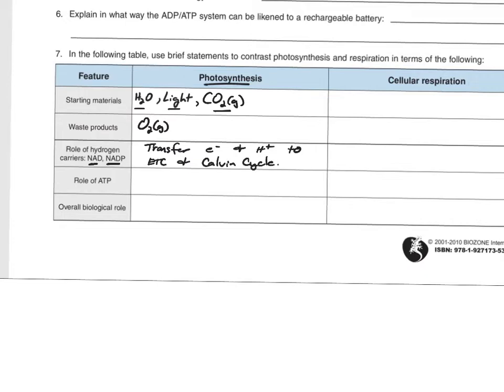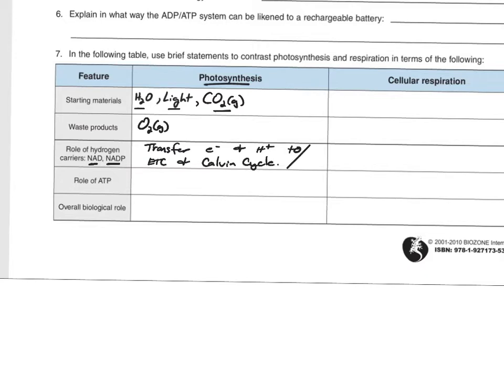Because from the light reactions, you transfer those high energy electrons to the Calvin cycle. That's what NADPH does, it transfers them to the Calvin cycle. NAD is used in plants, but not in photosynthesis.